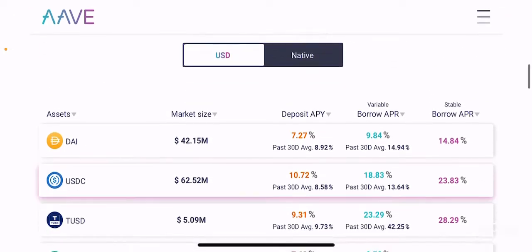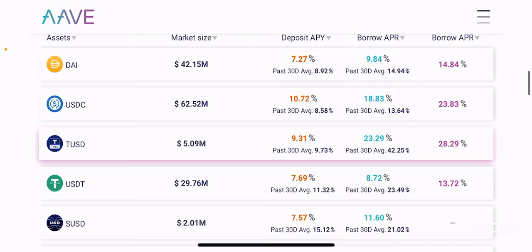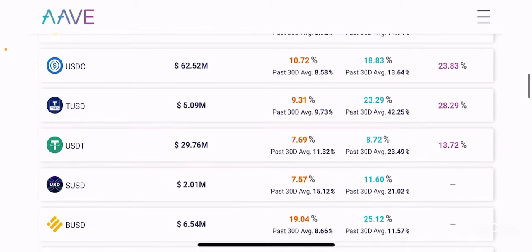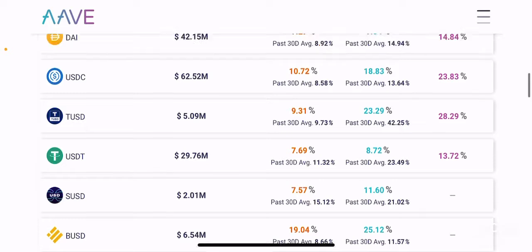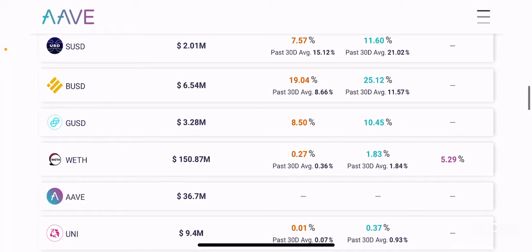I believe that you would be able to use this platform to earn a decent APY, specifically on your stable coins. You can earn up to 10.72% by lending USDC, and you can earn like 19.04% in BUSD.